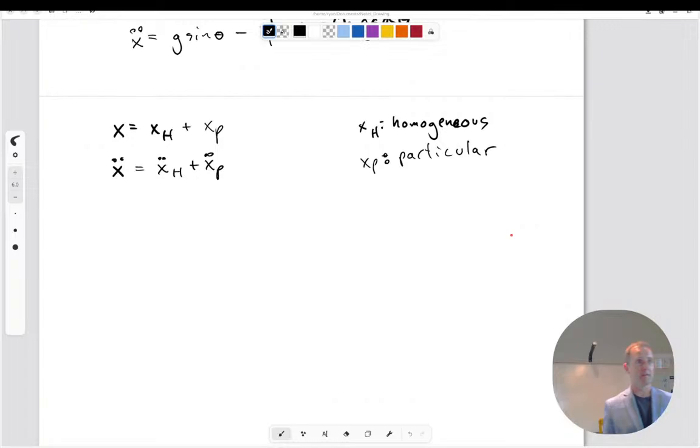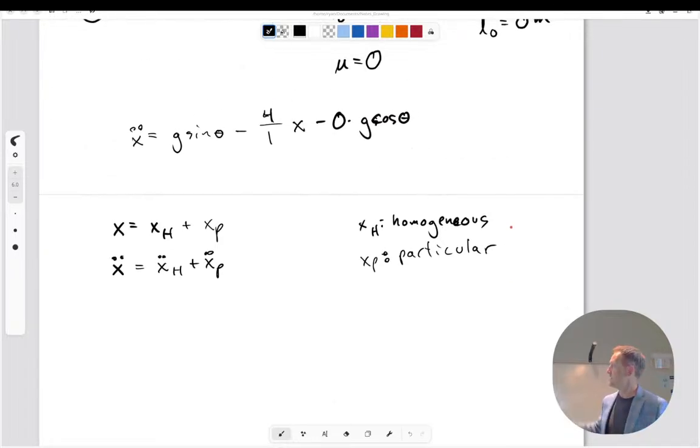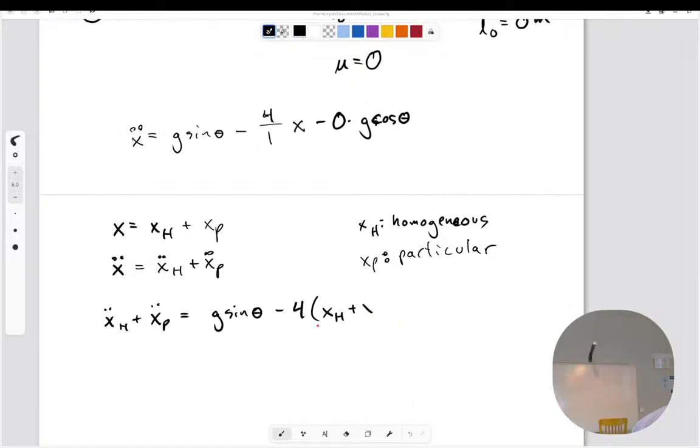Then I'm going to plug them into my differential equation. I'm not doing anything right now. I'm just plugging stuff into something I already know. So x double dot h plus x double dot p is g sine theta minus 4 times x h plus x p.